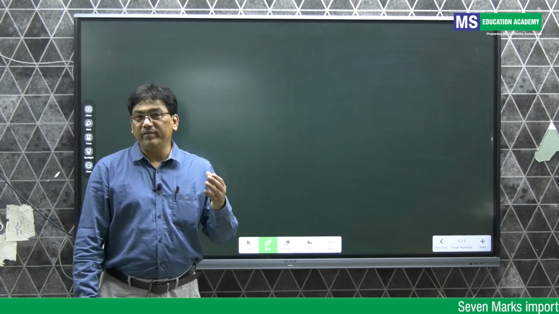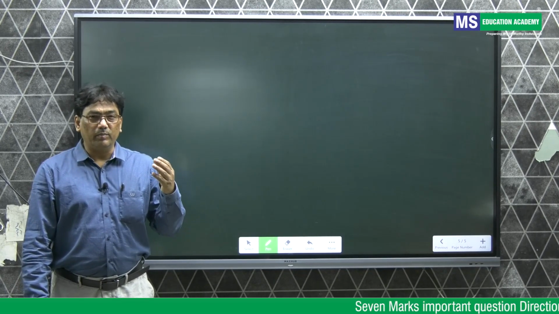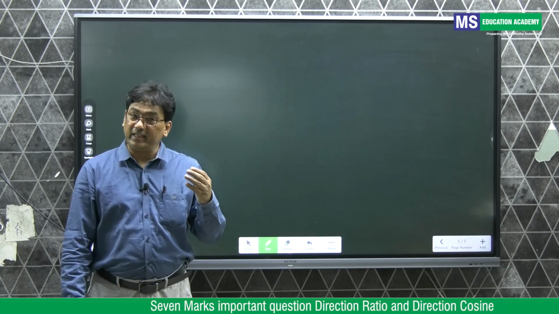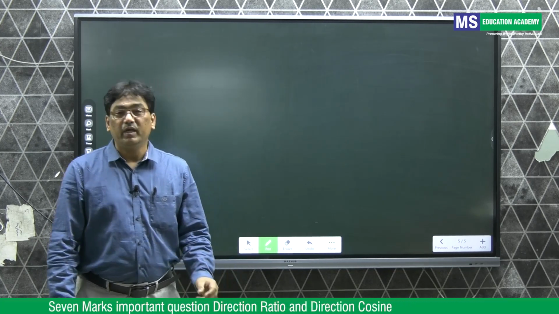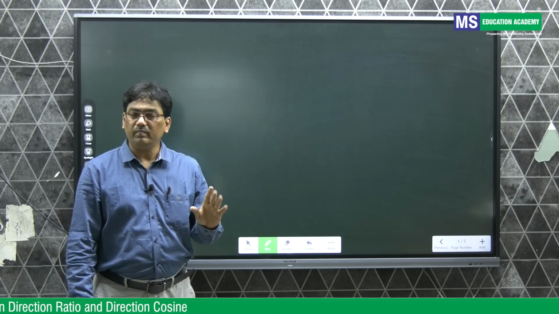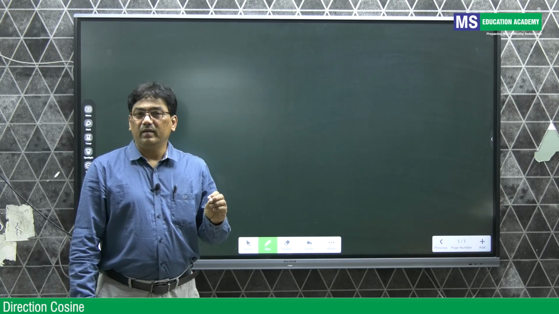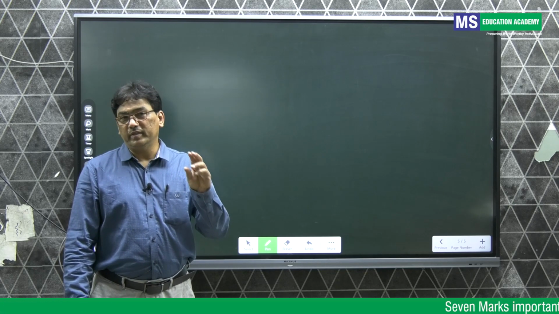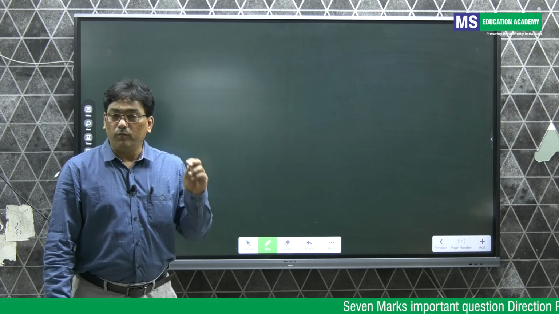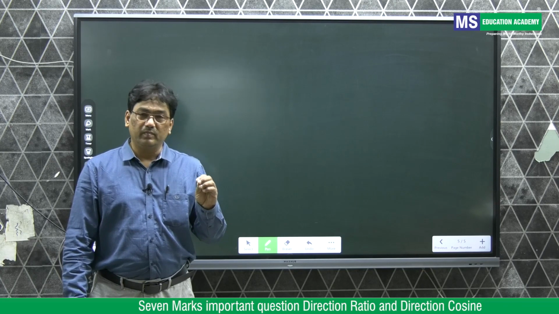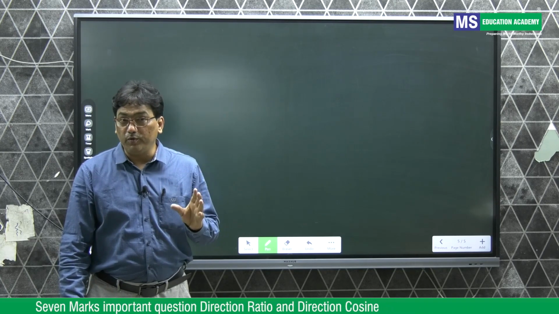Okay, first of all, come to 3D coordinate geometry, direction cosines and direction ratios. In that also, only two types of questions he will ask here. One is the cube problem. In the cube, there are two problems. One is the angle between the diagonals of the cube, cos inverse 1 by 3, that proof.